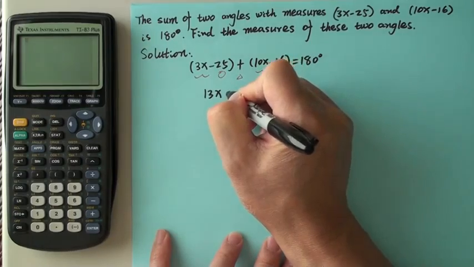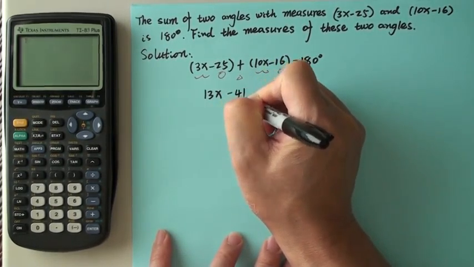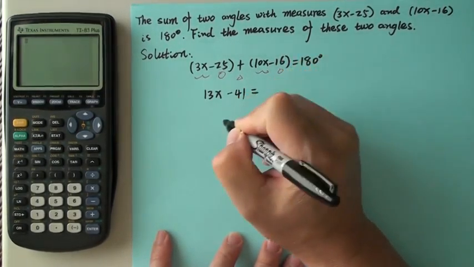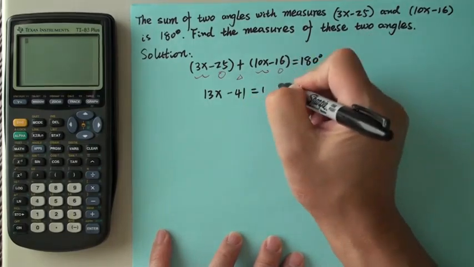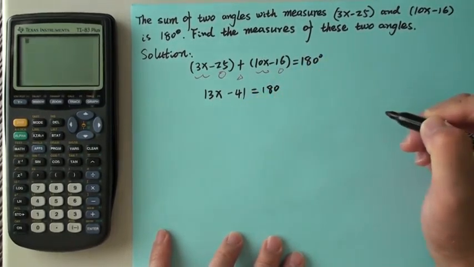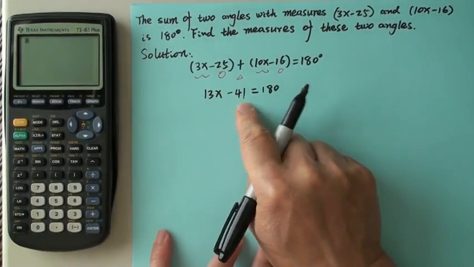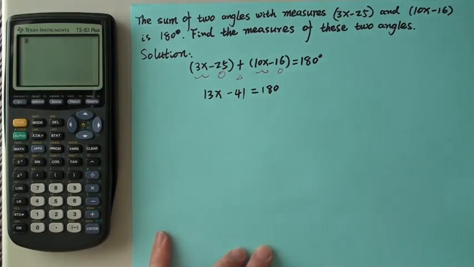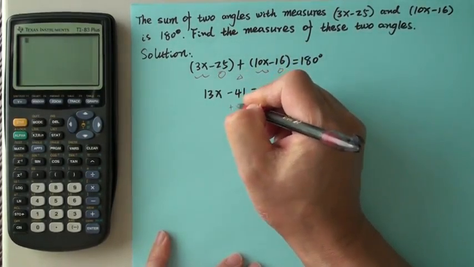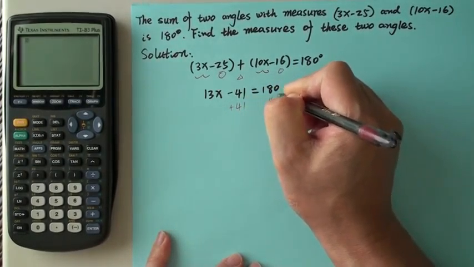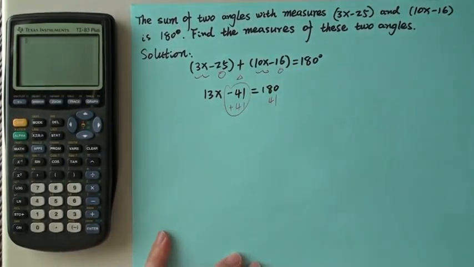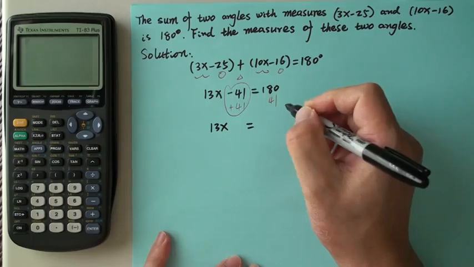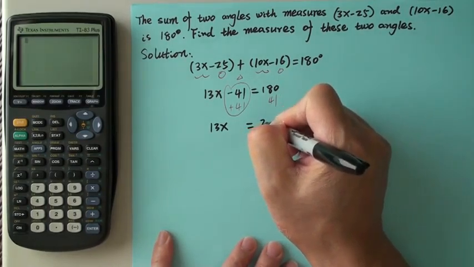This is negative 41, equals 180. Left-hand side is those two tens, right-hand side is this one. Then you add 41 to both sides. You cancel those two, so you have 13x on the left, and the right-hand side is 221.